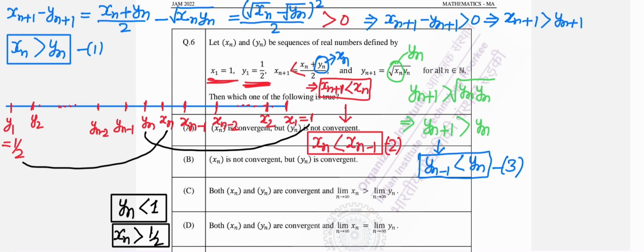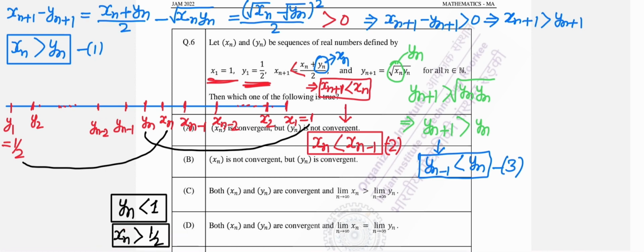Now see these things, x1, x2, x3, x n. You notice that this sequence is a decreasing sequence, and x n is bounded below by half, so x n is a convergent sequence.